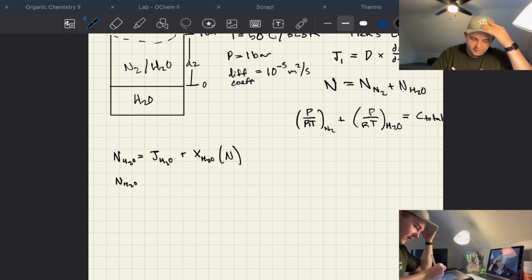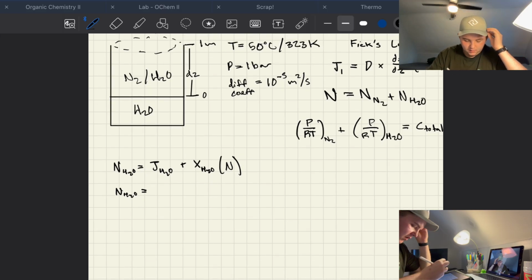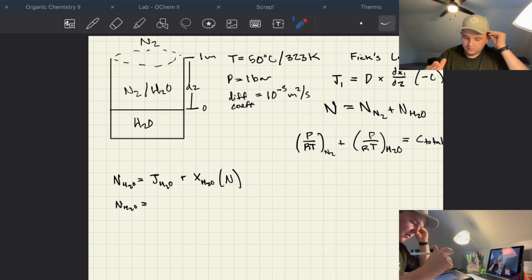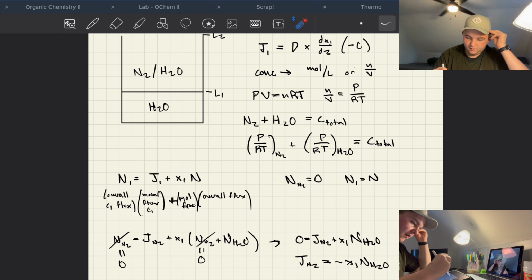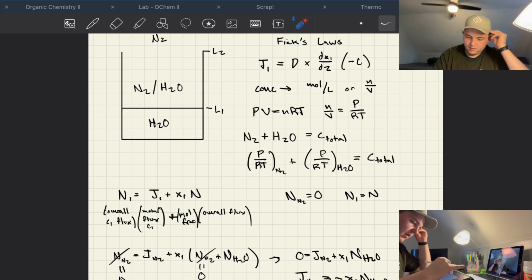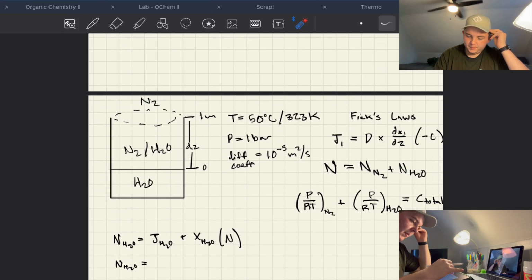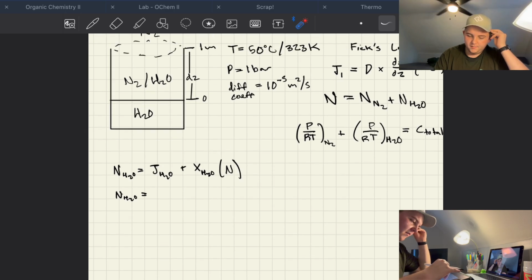So we'll have NH2O equal to, for J now, we're going to substitute in Fick's law. Did we simplify Fick's law up here? Okay, no, I'll do it in this problem.